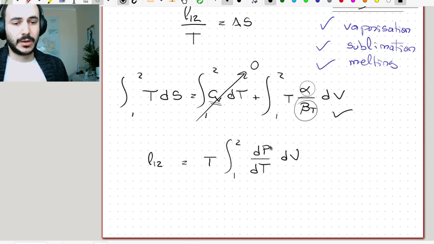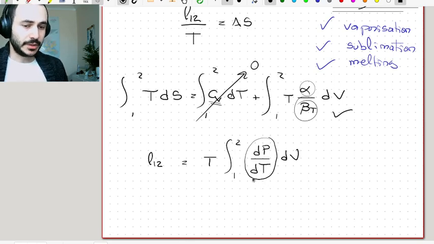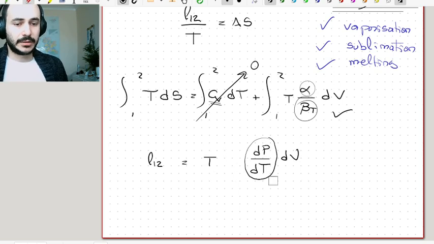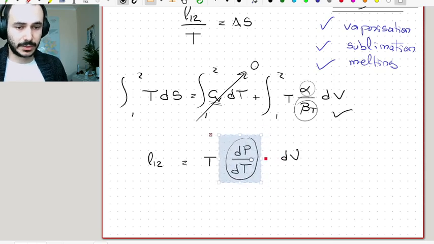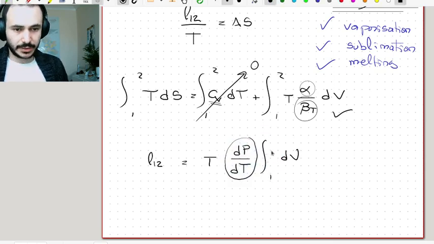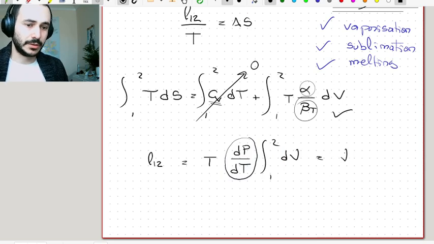We learned that the saturation pressure is only a function of temperature. So this derivative here is not going to depend on molar volume. So I can take it out of the integral and just do the integral of the molar volume from 1 to 2. But this is nothing but what we have called delta V, V2 minus V1.